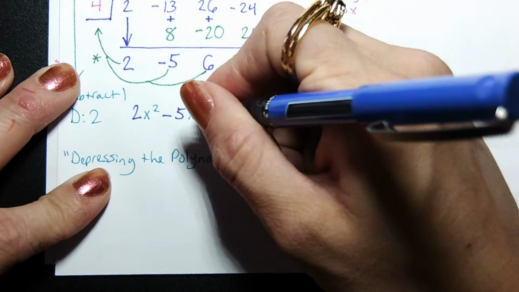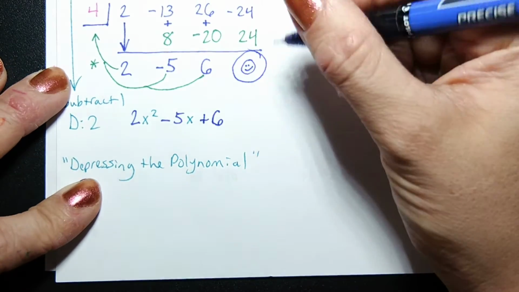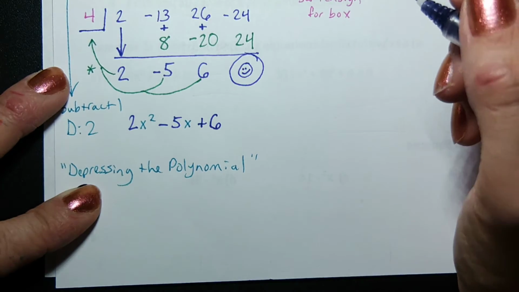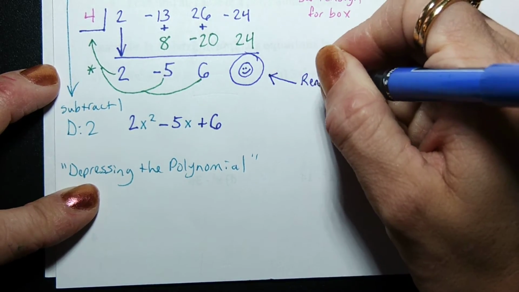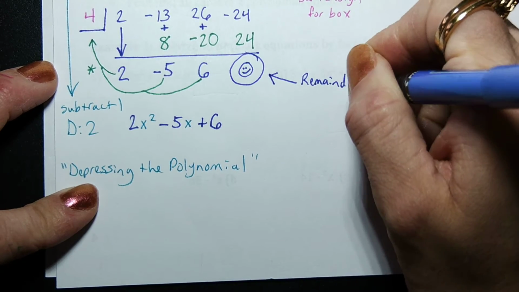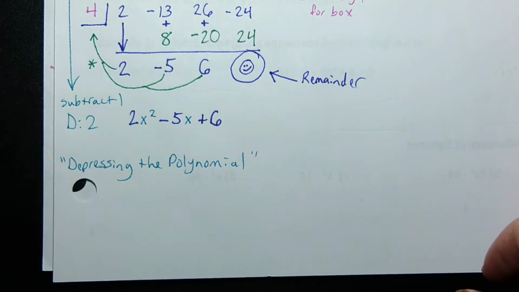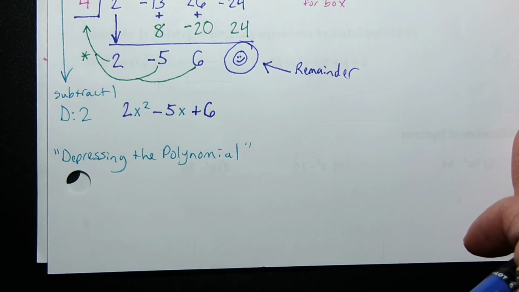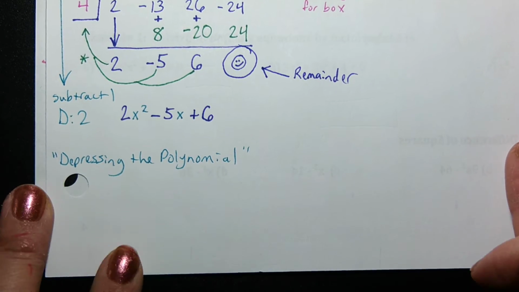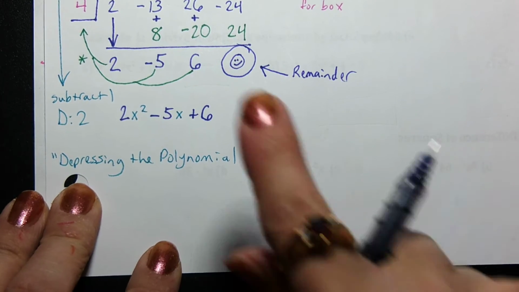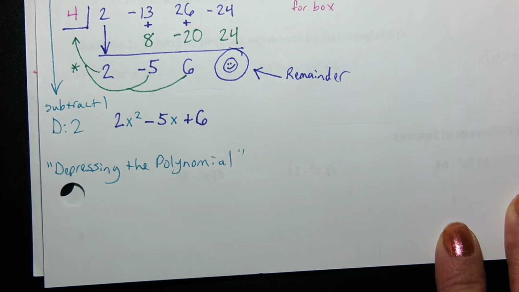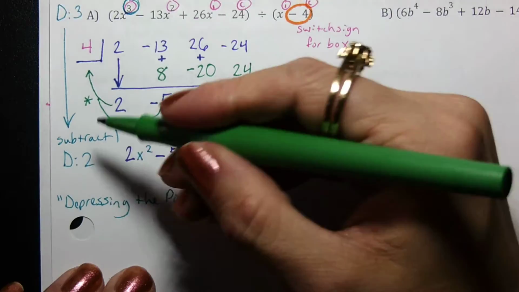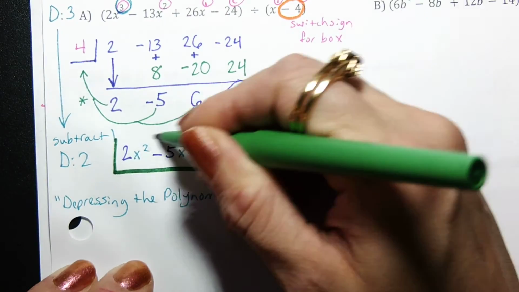Then 6 is my constant. So then what do you think the last item is? The remainder. And note, we got a remainder of 0, so that means this is a factor of that polynomial. And that would be our answer.